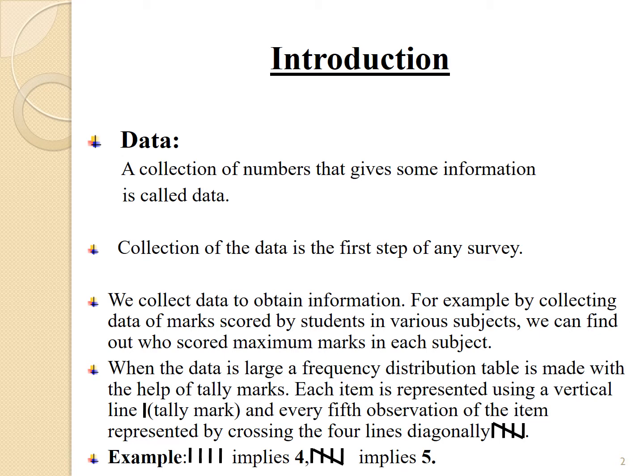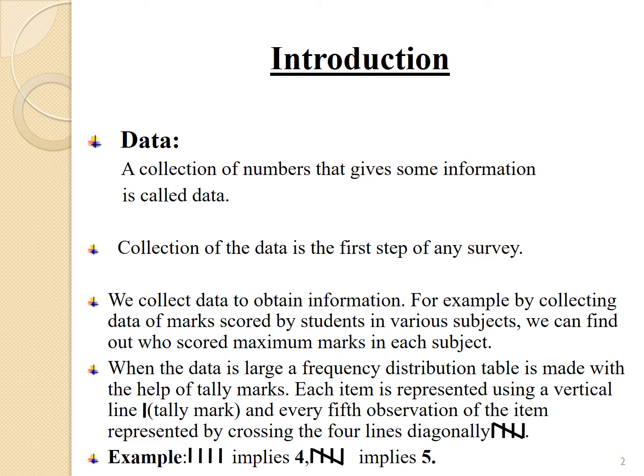For example, 3 people died in accident of 2 cars. Sachin made 190 runs in today's match, etc. Thus, the collection of facts which are expressed numerically with a specific purpose is called data.